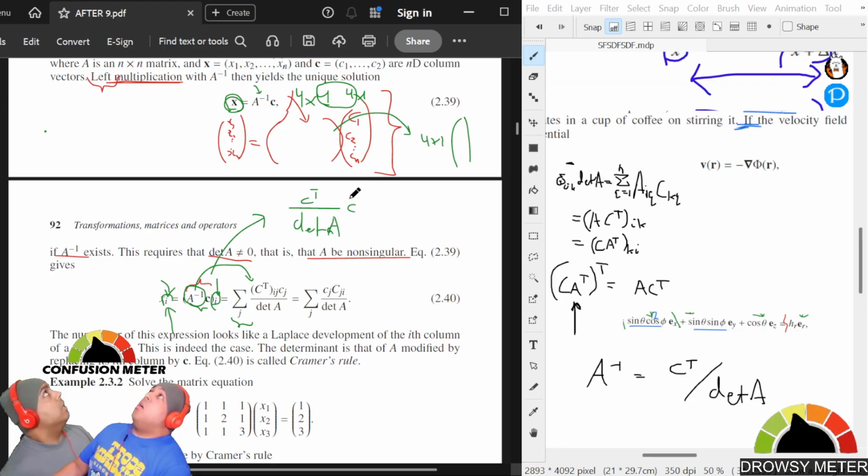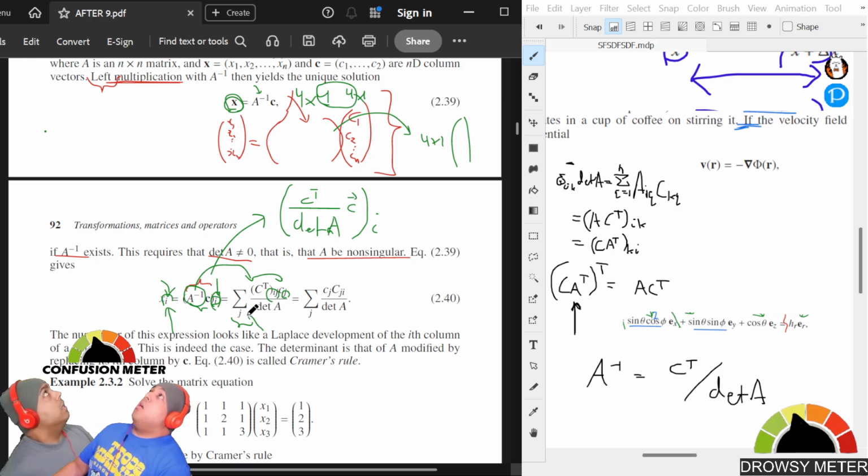The i-th element of all of this. I'm trying to figure out how this i here became ij here.